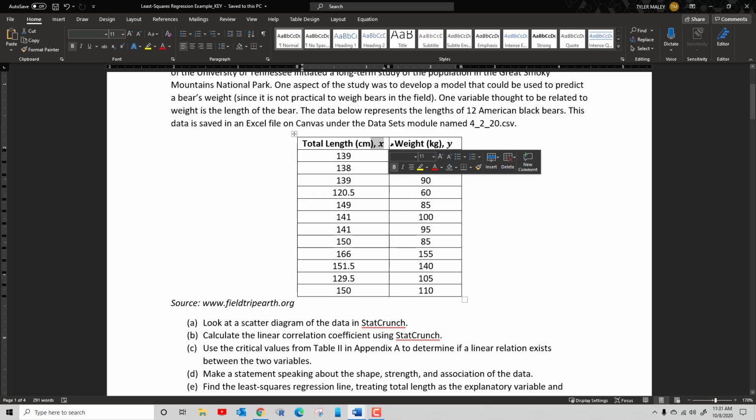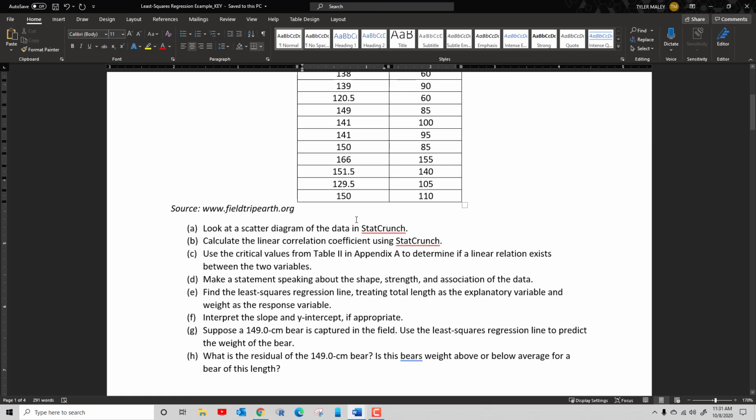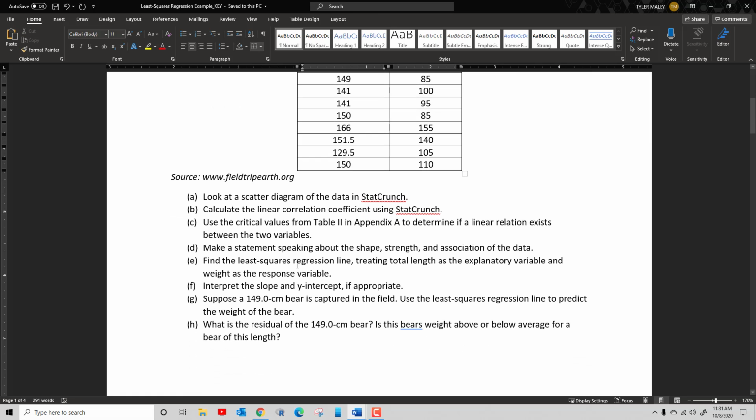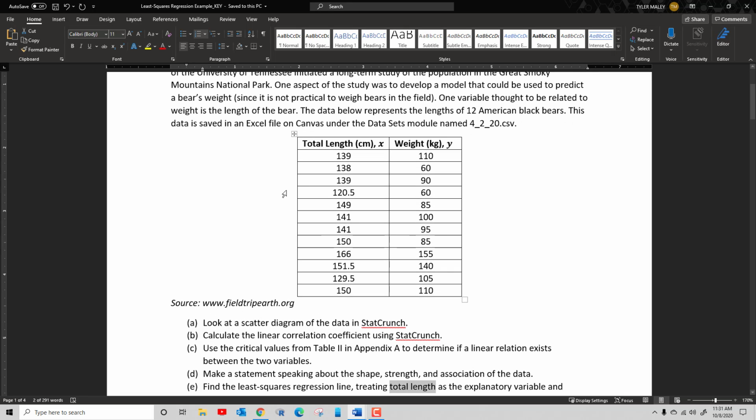Notice I labeled X and Y here to make it clear. Later on, I tell you to find the least squares regression line using total length as the explanatory variable, which is X, and weight as the response variable, which is Y. So that's how we know that.